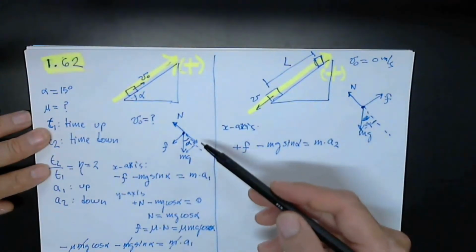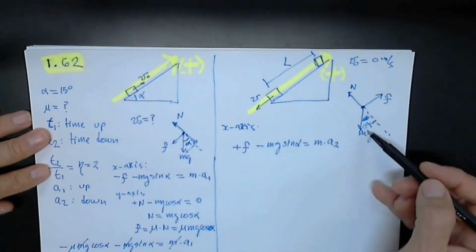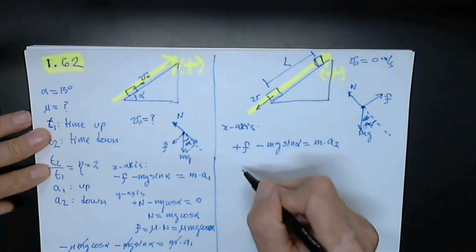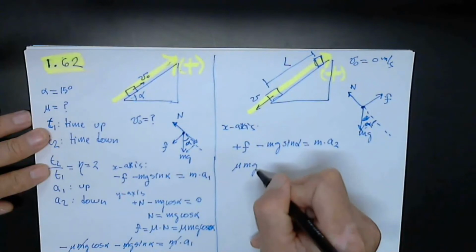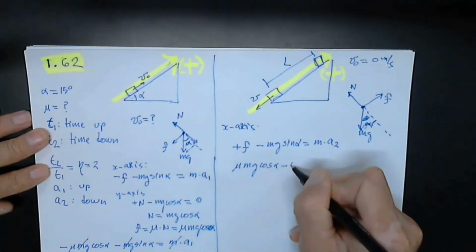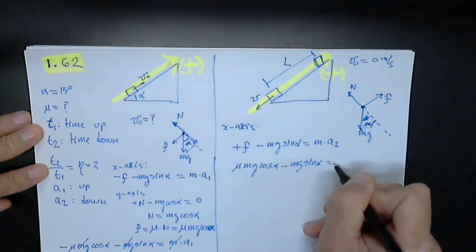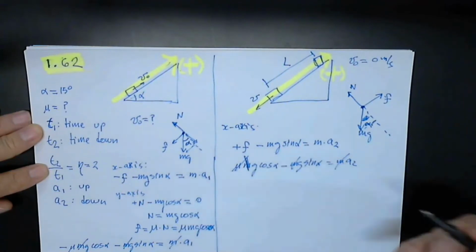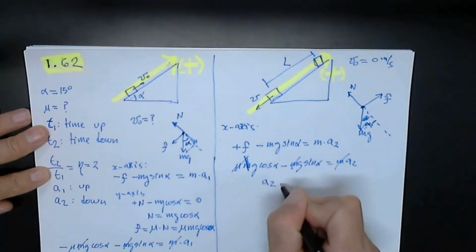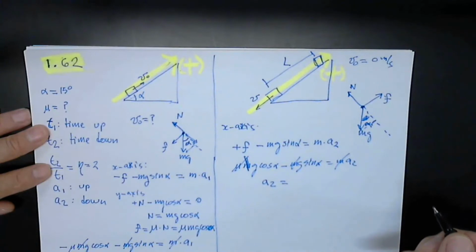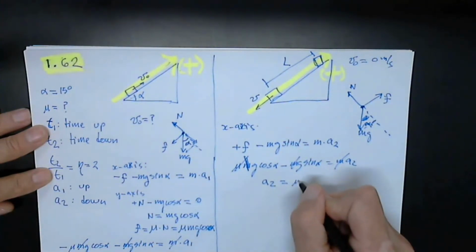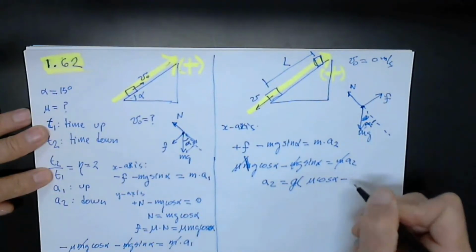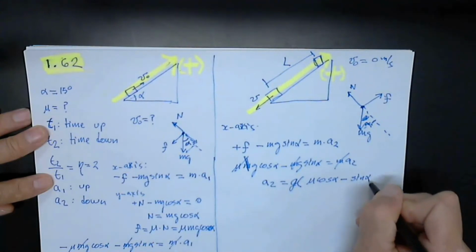And similarly as in the previous one, the normal force is equal to mg cosine of alpha. So this is mu mg cosine of alpha minus mg sine of alpha. Now the mass cancels, and a2 is g times mu cosine of alpha minus sine of alpha.